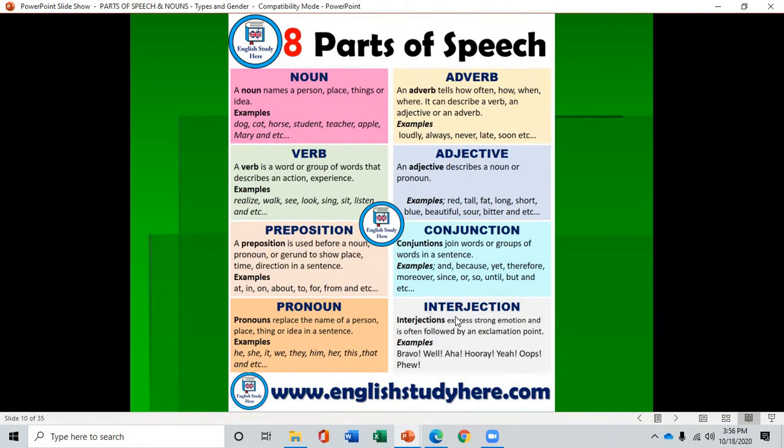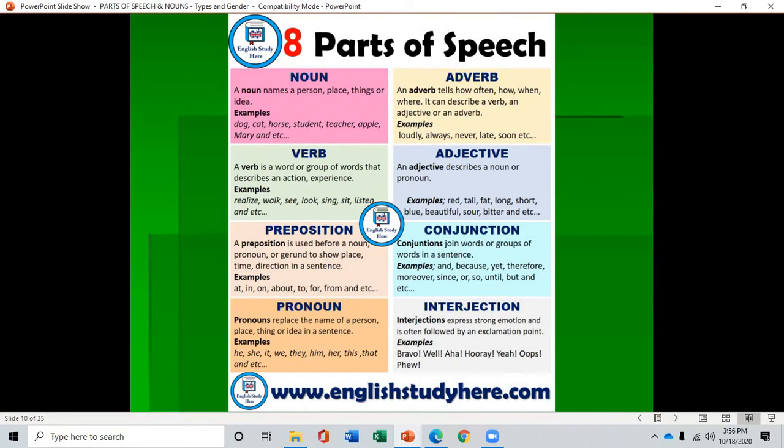Last is interjection. So when we say interjection or interjections, okay, they express strong emotion and is often followed by an exclamation point. Okay, ito yung mga expressions natin, like if you are happy, you're gonna say hooray. If you are scared, you're gonna say oh no. Okay, if you are surprised, you're gonna say bravo, well.